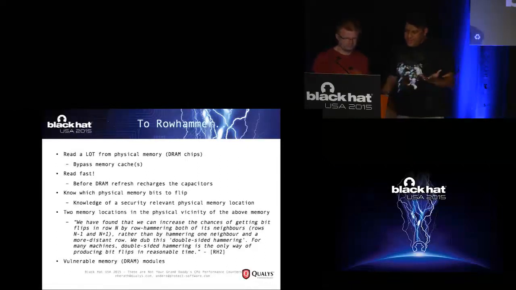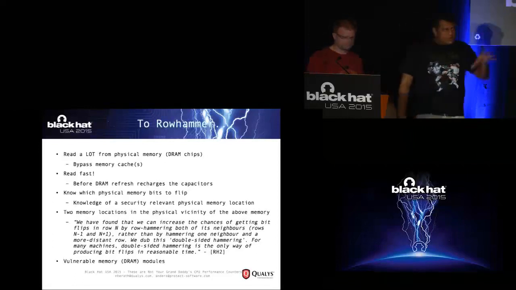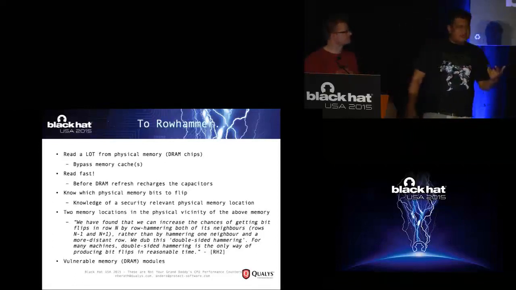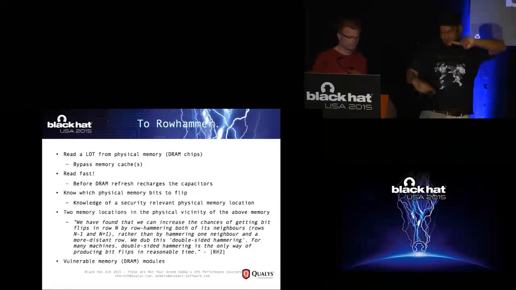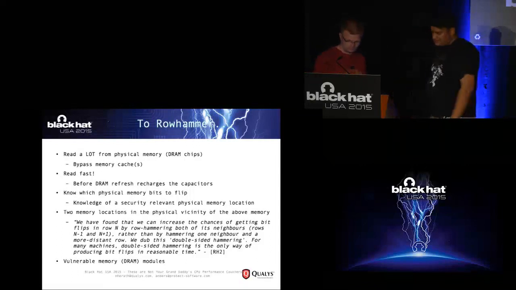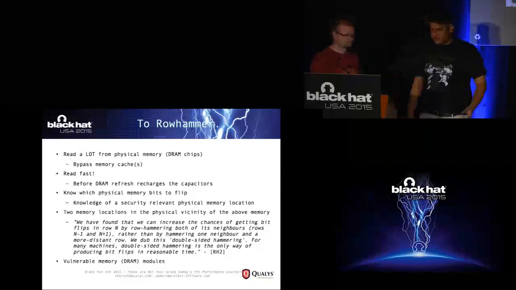What the Google guys did was what is called double-sided row hammering, where they attacked two memory lines and flipped the one in the middle. And obviously you need vulnerable DRAM modules.